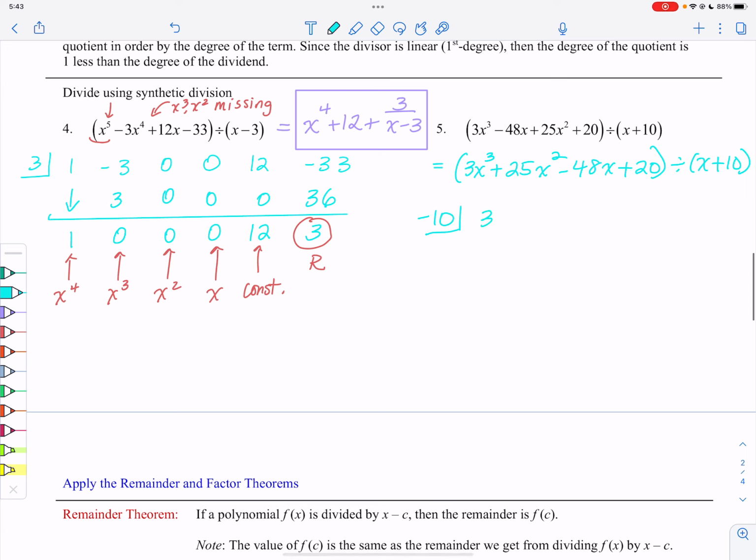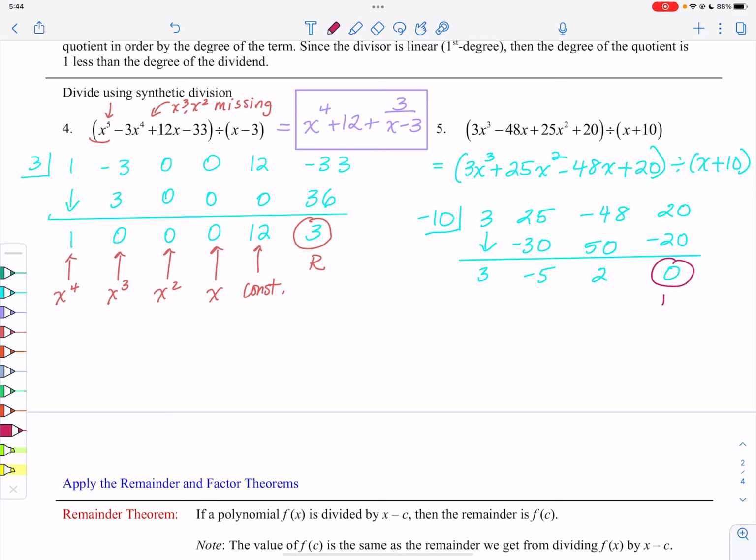And our coefficients are 3, 25, negative 48, and 20. We'll go ahead and drop the 3 and work on our synthetic division.